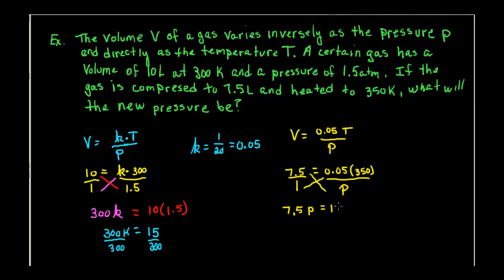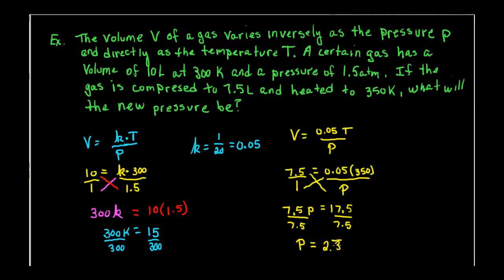So now we divide by 7.5, and P is 2.3, repeating.